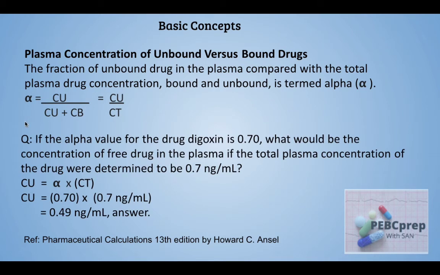Let's see an example. If the alpha value for the drug digoxin is 0.70, what would be the concentration of free drug in the plasma if the total plasma concentration of the drug were determined to be 0.7 nanogram per milliliter?